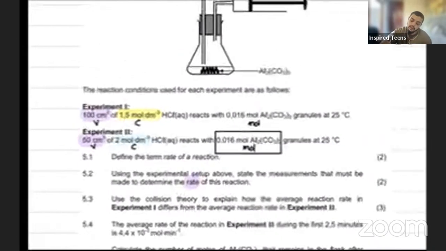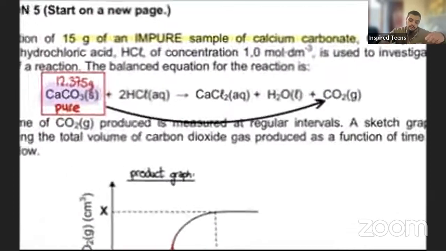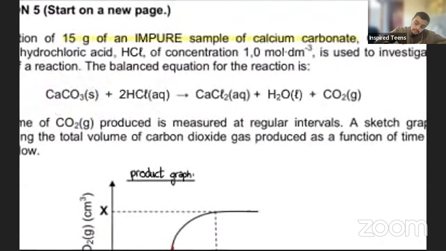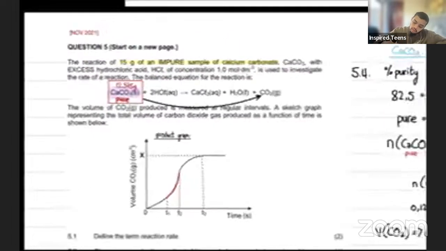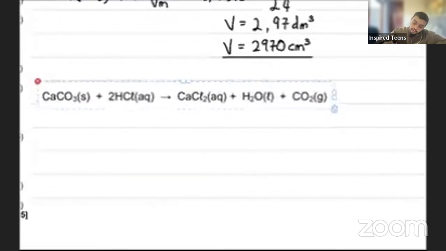So this is the moles of Al2CO3. Maybe what we can do is steal the equation from here. One second, apologies. Okay, and we can re-put it here. We can work with it.